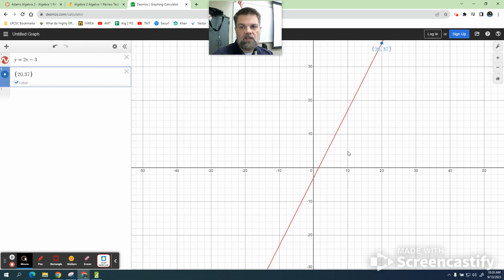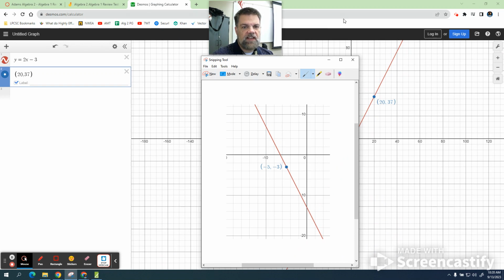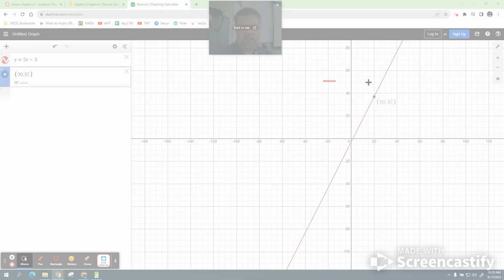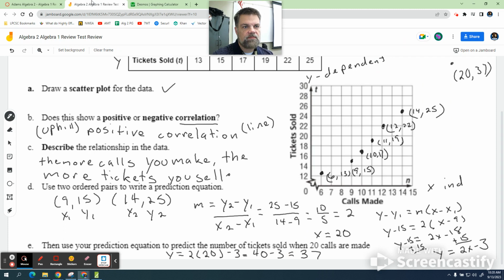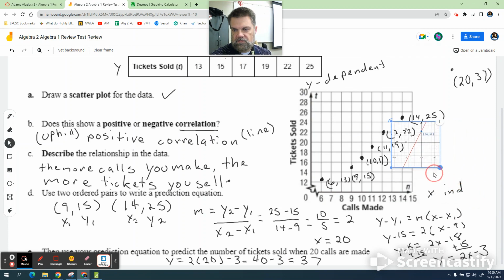I've got to zoom out a little bit. See how that works? Let me take a screenshot of that. There's literally no room in the notes. And we'll put that somewhere over here. Okay.